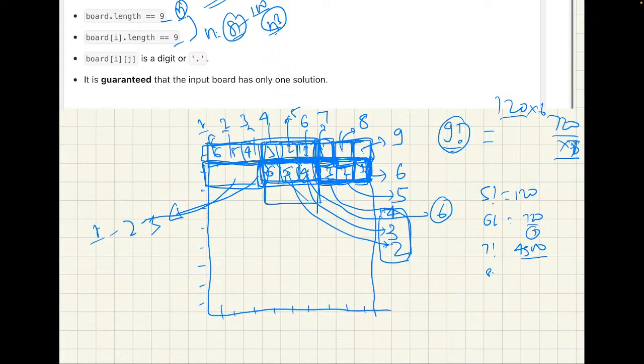if we go to 8 factorial, this will be, okay, so this is actually a multiplication, to be very honest.